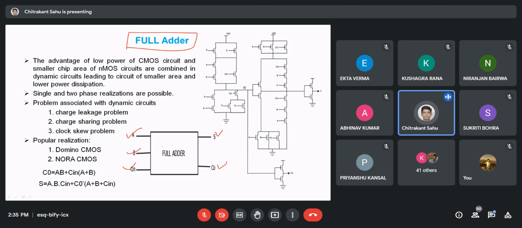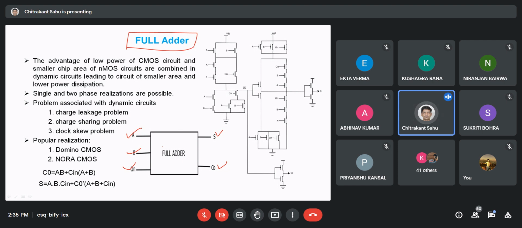I think you are aware of this full adder network. You might have made the full adder using logic gates, but here you need to prepare the full adder circuit using transistors. Are you getting the point?